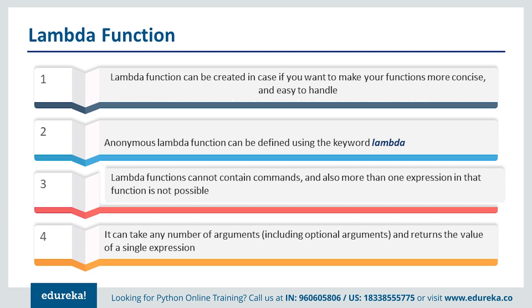We can only have one particular expression in the Lambda function, and no other commands can be present. It can take any number of arguments and return values depending on the execution. It will perform the execution and give the return value back to you.